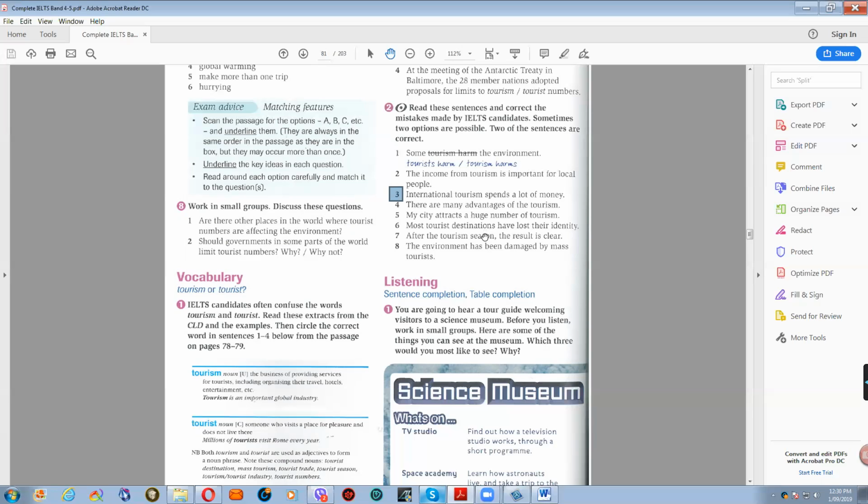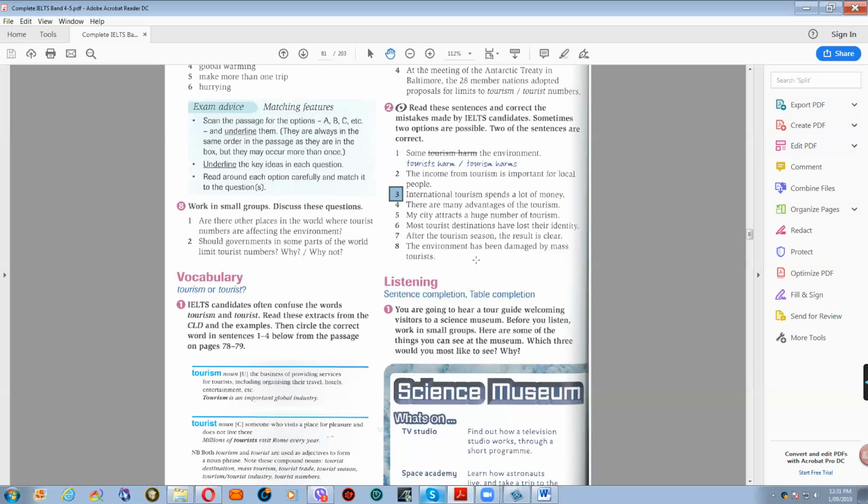Number 5. A city attracts a huge number of tourists. Yes. Number 6. Most tourism destinations have lost their identity. It's perfectly correct. Tourism. No, it's fine. Most tourists. It's fine. Nothing wrong with it.